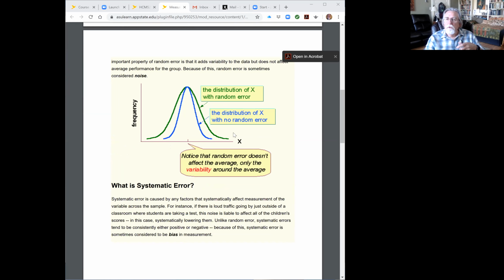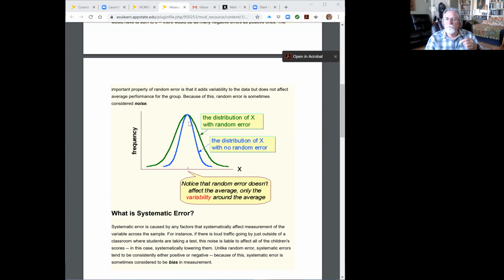And so if we begin to look at the nature of error, the first thing we notice is that the nature of error is random. And it is clustered around the mean, the measured mean of the variable.